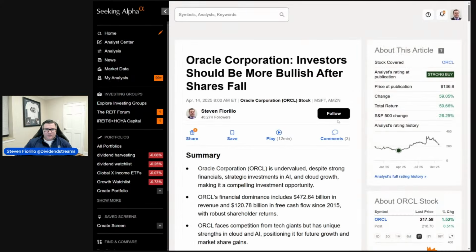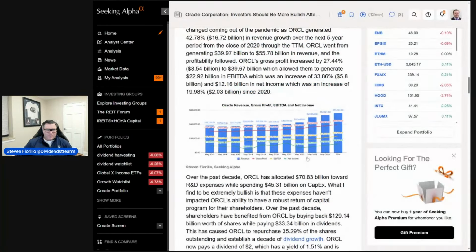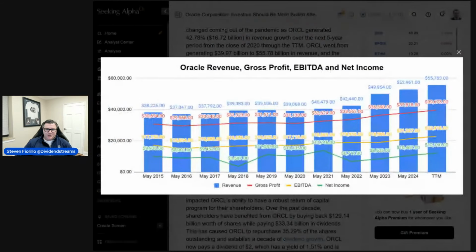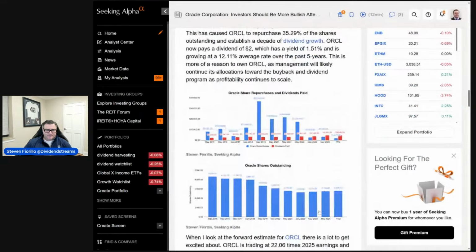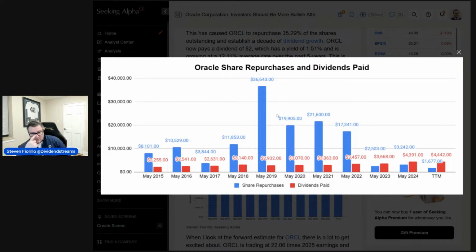Now, great margins. Great margins on profitability. This is one of the things that I really liked: the amount that they did in repurchases and what they're paying in the dividend. They are truly doing a ton of return of capital.